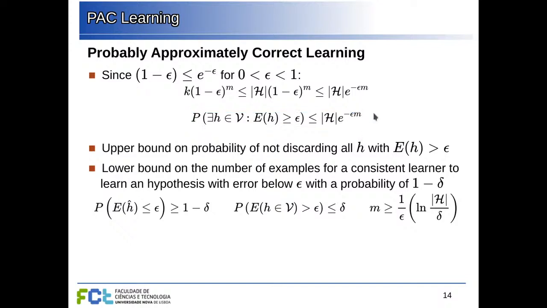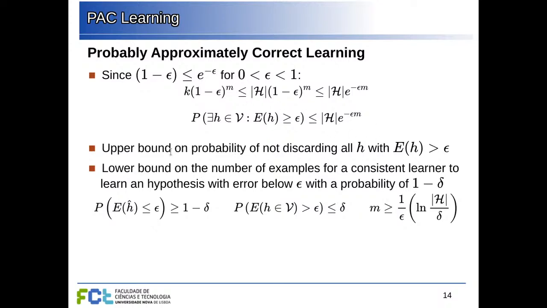So this m is the size of the training set. So this is the upper bound on the probability of our learner not being able to discard all hypotheses that have a true error larger than epsilon when it looks for the minimum empirical error.